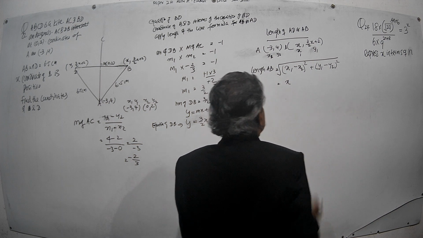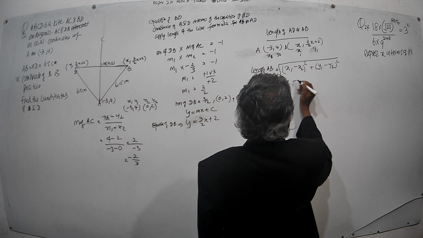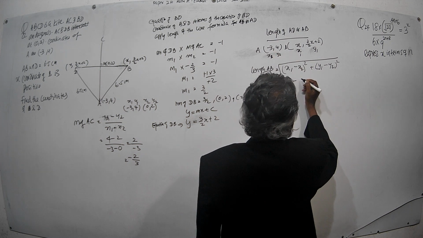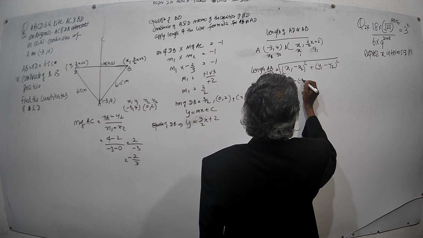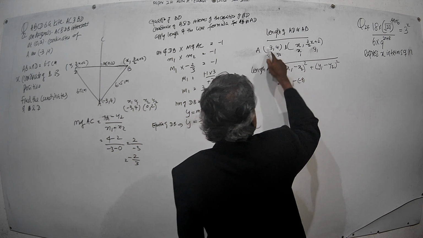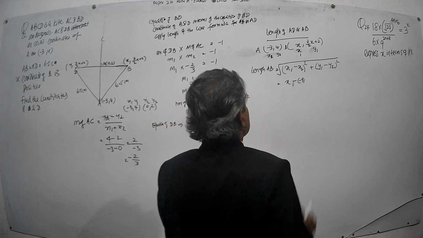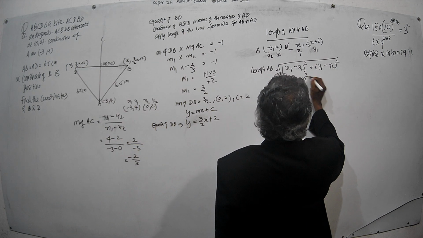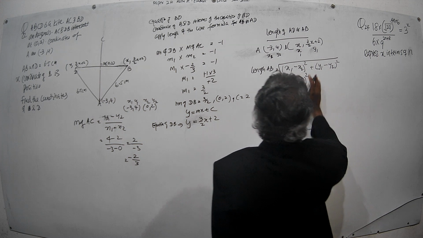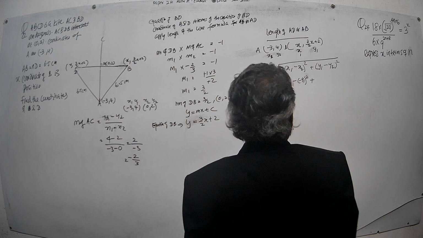Then here x minus x2. What is x2 here? Minus 3. Minus 3 like this, this minus sign and then minus 3. Now that one squared, plus that one squared.